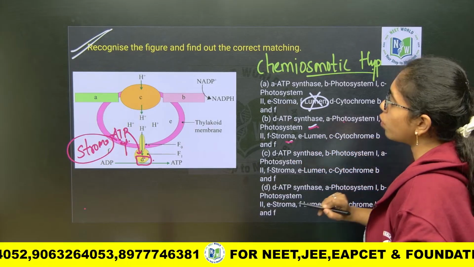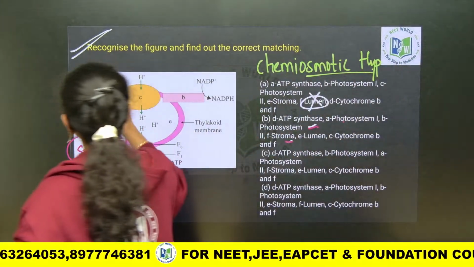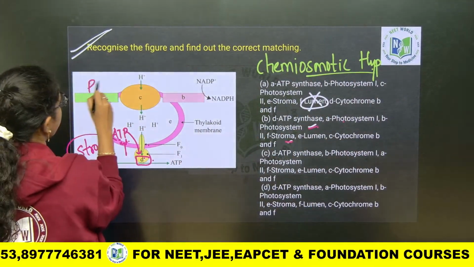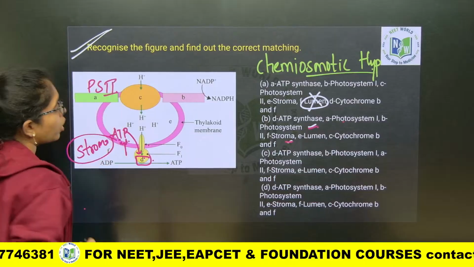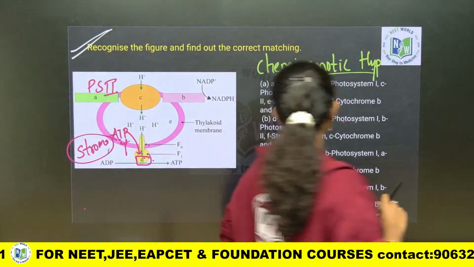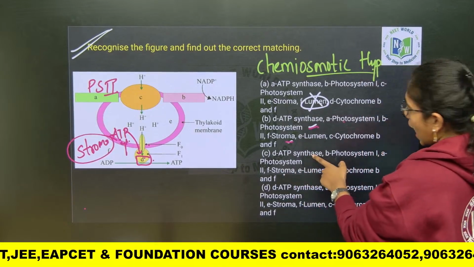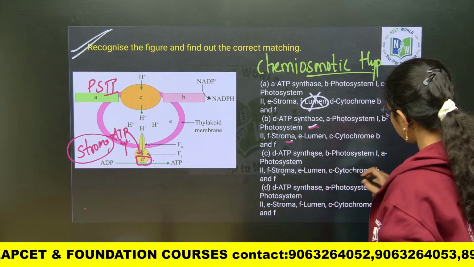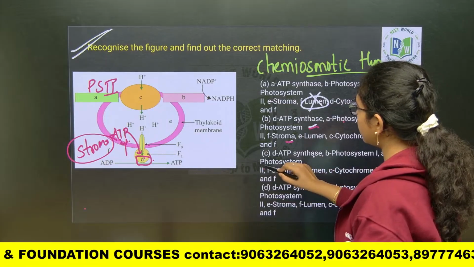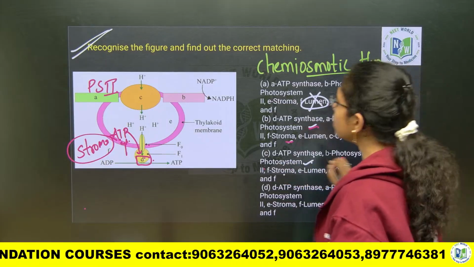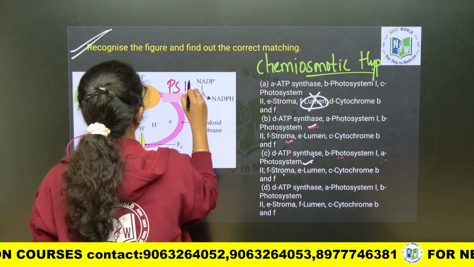Next, A is photosystem 1, wrong. A will be PS2, not photosystem 1. So, this also you can eliminate. Here you see F is stroma, D is ATP synthase and A will be photosystem 2. True. And B is photosystem 1.